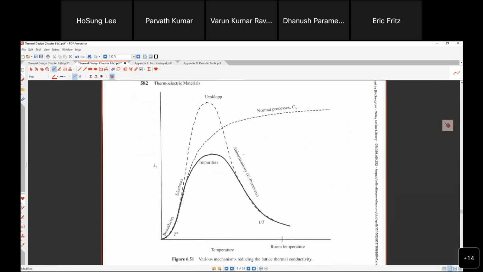Okay, thermal conductivity and the temperature. If we look at the normal process, normal vibration, the specific heat is something like that. With specific heat and normal vibration, including optical, it's gotta be something like that.